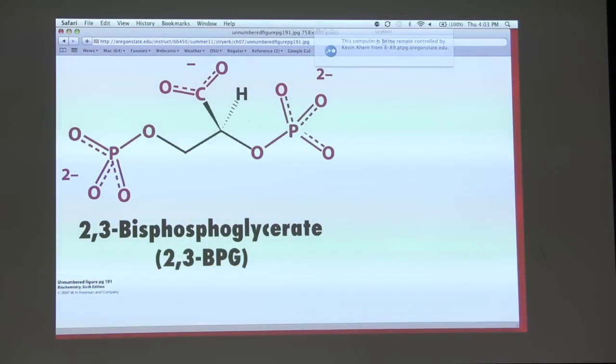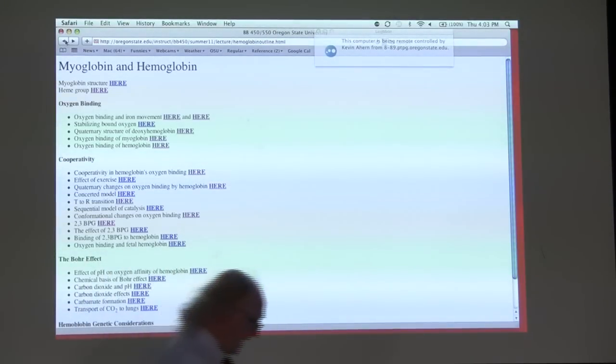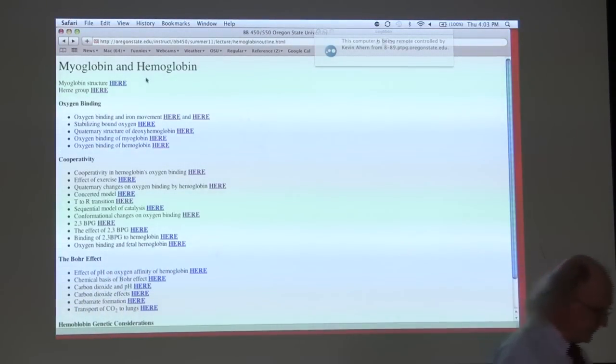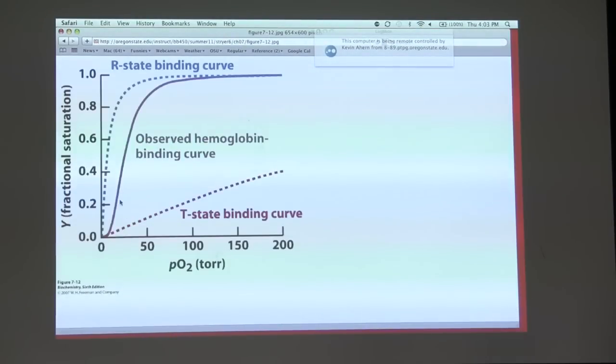Well, it's important relative to hemoglobin because when we look for our cursor, there we go. Okay? When we look at the structure of hemoglobin, okay, what we discover is, nope, I got the wrong one.